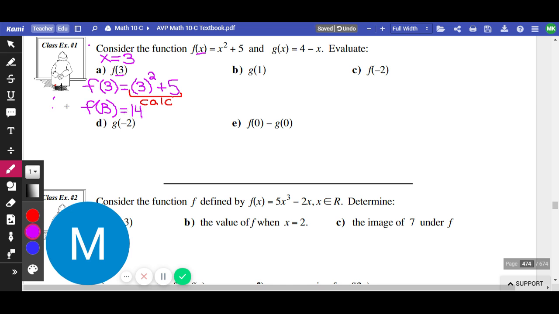So I would say function f, so f of x at 3 would equal 14. On a graph, your input would be your x value, which would be 3. Your output would be what you calculated, which is 14. Input, output. This is another way of writing it out.